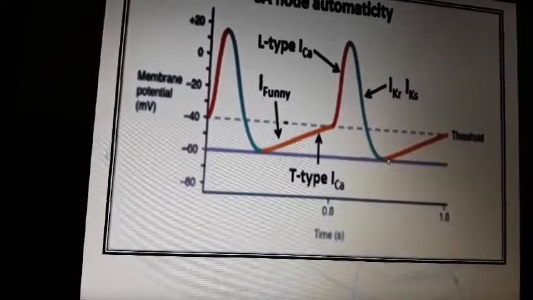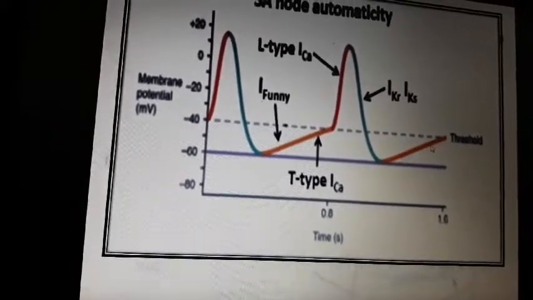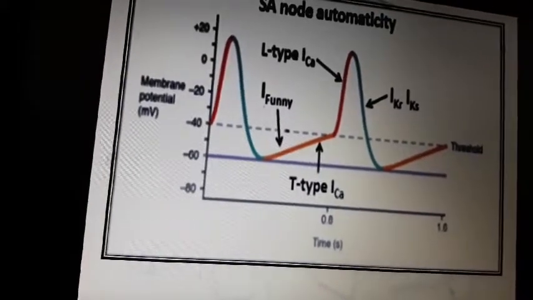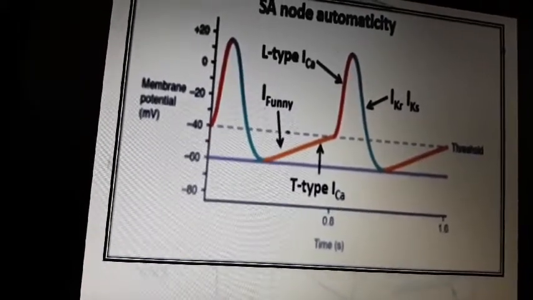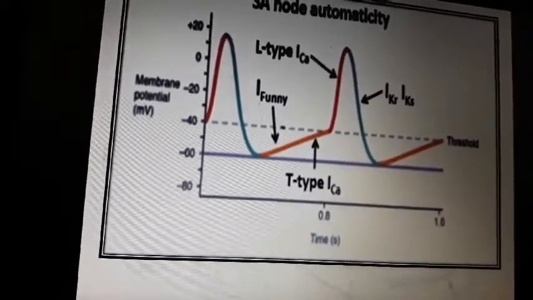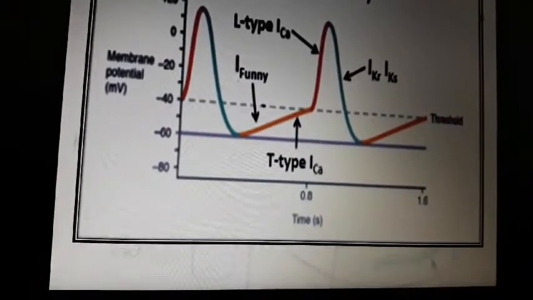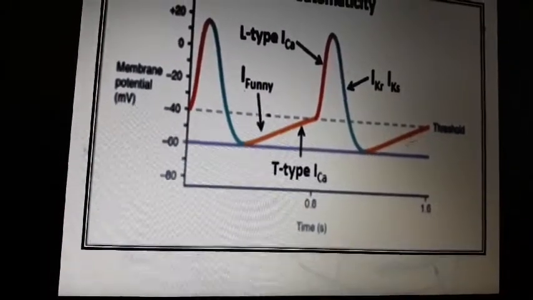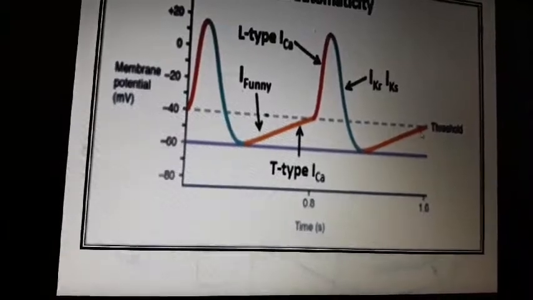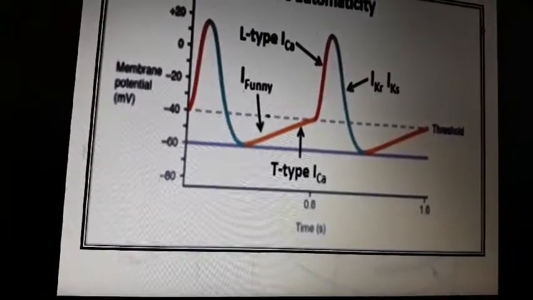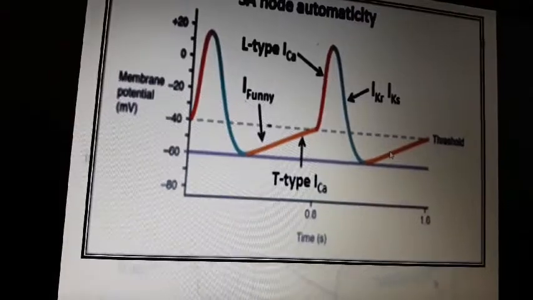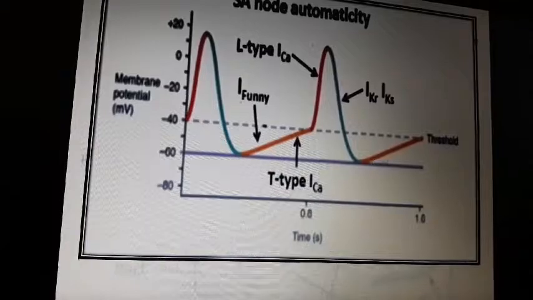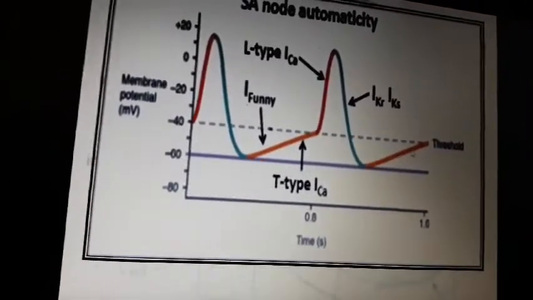Now opening of the funny channels again will lead to the activation of T type, L type, and further action potential, followed by depolarization, repolarization, hyperpolarization. The moment where there is increased positivity in the membrane potential below the threshold potential is known as the pre-potential. So the generation of pre-potential is aided by two types of channels, that is funny sodium channels and transient type of calcium channels.